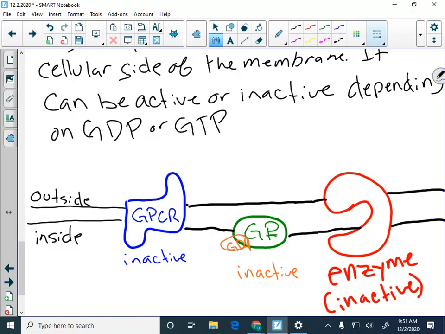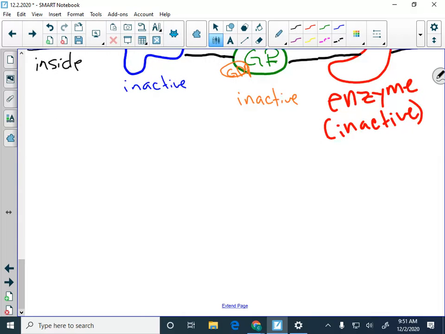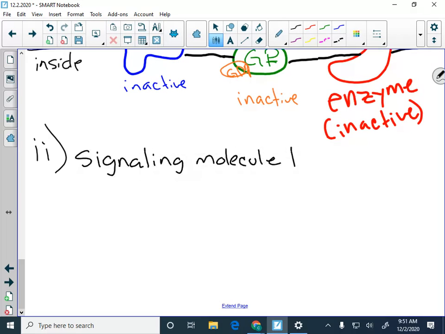Good here? All right, so step 2. Still sticking with the Roman numerals. Our signaling molecule will bind on the outside of the cell. Signaling molecule binds outside the cell. This will change the shape of the receptor.